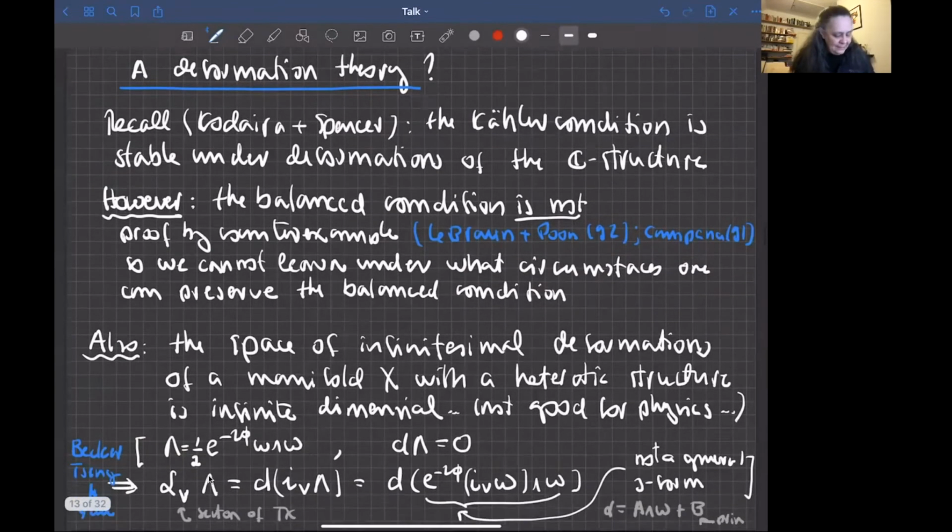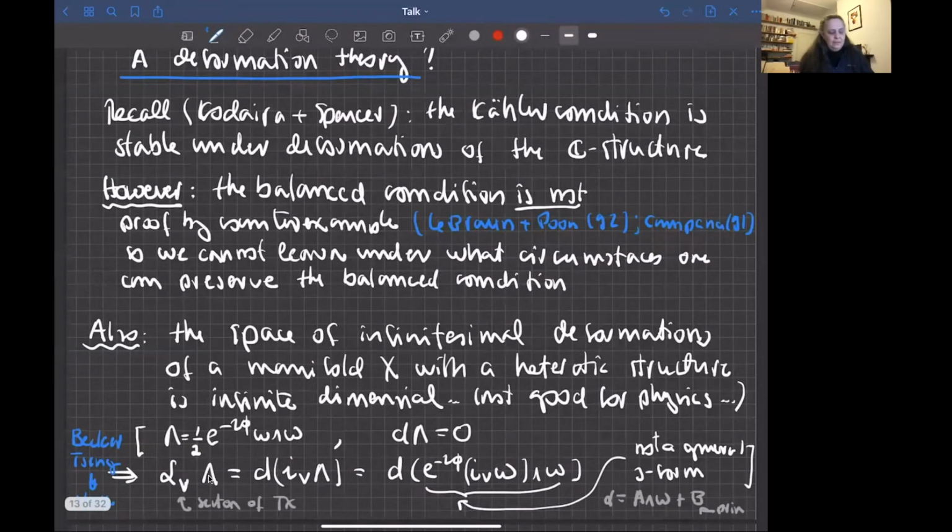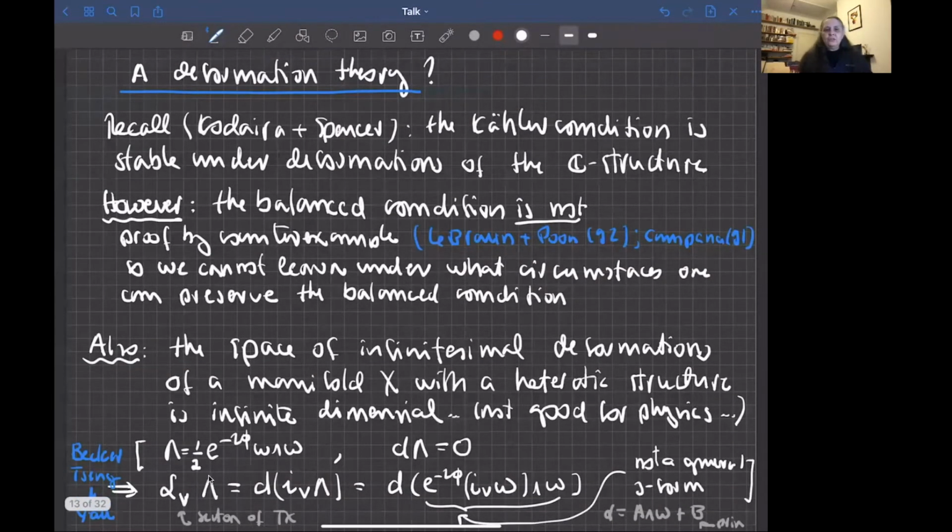So now let me say a word about deformation theory, right? This is an issue with these manifolds, because let me start by recalling what happens when you have a Kähler manifold, right? Kodaira and Spencer, a long time ago, proved that the Kähler condition is stable under deformations of the complex structure, right?